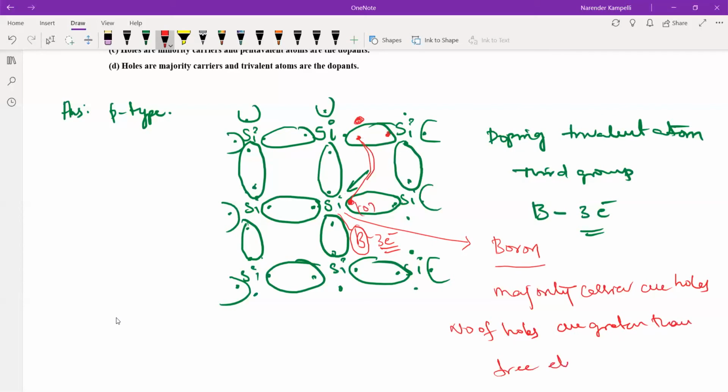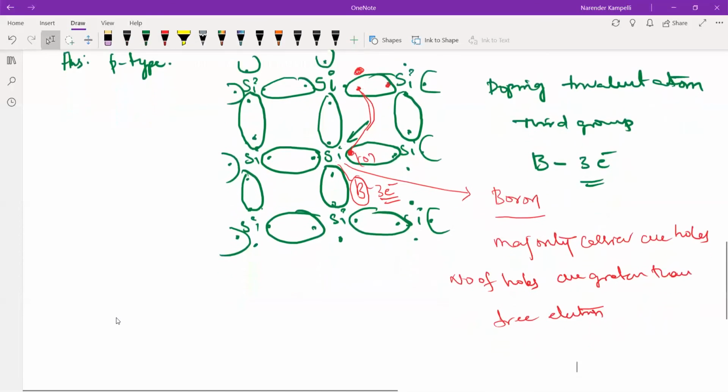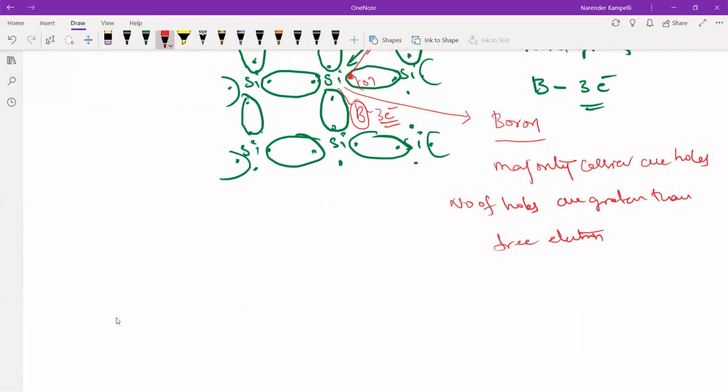That's why in a p-type semiconductor, holes are majority carriers. And to get a p-type semiconductor, you have to dope with a trivalent impurity.